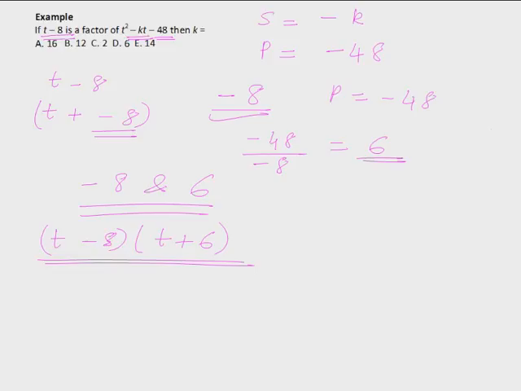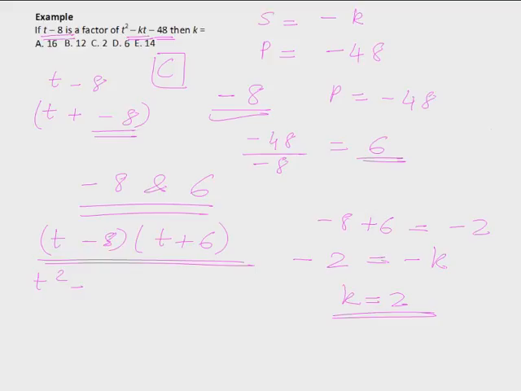And I need k. What's the sum of the two numbers? The sum of minus 8 plus 6 is minus 2. So minus 2 is equal to minus k, so k is equal to 2. And we're done. The answer is C. Let's confirm that. (t minus 8) times (t plus 6), let's open it out.